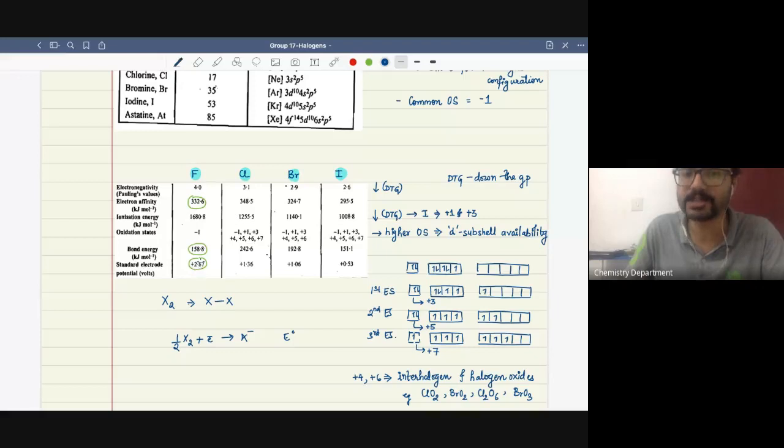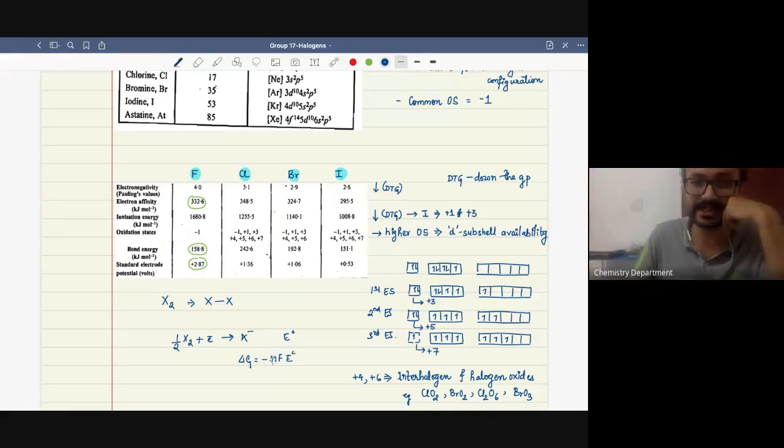Higher positive value means they are able to accept electrons very quickly, because if the E value is highly positive, then we know delta G is minus nFE naught. So a higher positive value means delta G is highly negative. This reaction is highly favorable for the fluorine atom in comparison to the other elements.